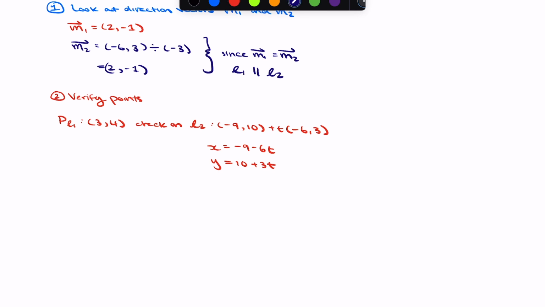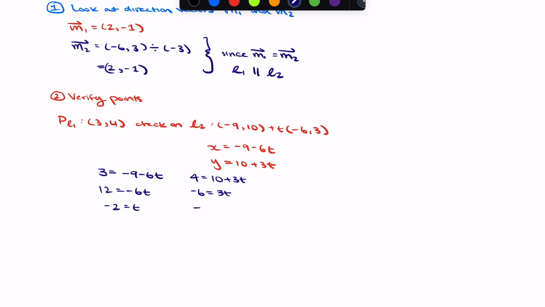And so here, if we sub those in, we get 3 is equal to -9 minus 6t. 12 is equal to -6t. -2 is equal to t. 4 is equal to 10 plus 3t. -6 is equal to 3t.